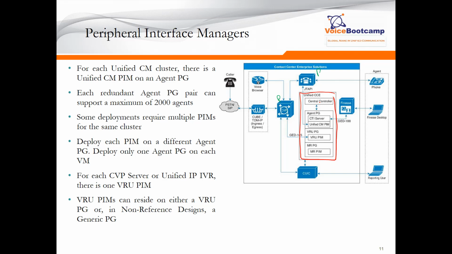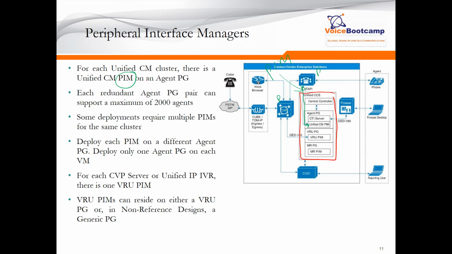Now PG usually hosts the PG configuration, and one other thing in PG is called the PIM, Peripheral Interface Manager, which is a logical connection between the call manager and the PG server. See this green segment? This is called the PIM, Peripheral Interface Manager.